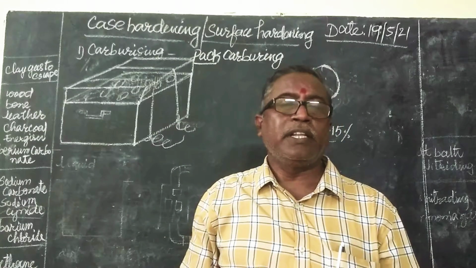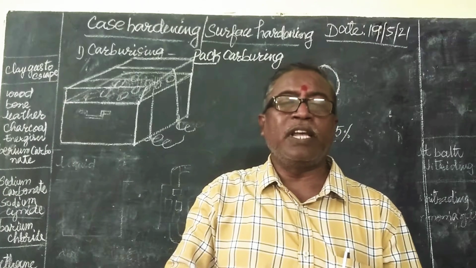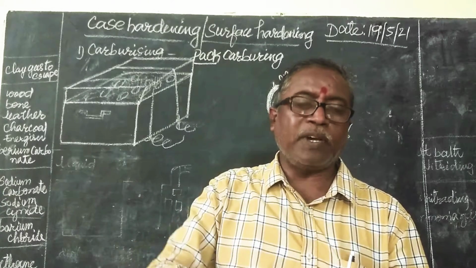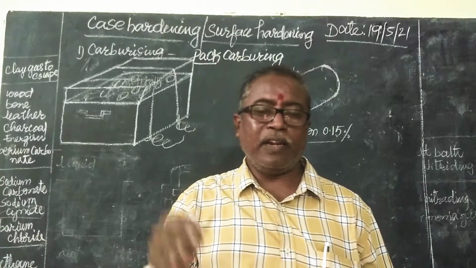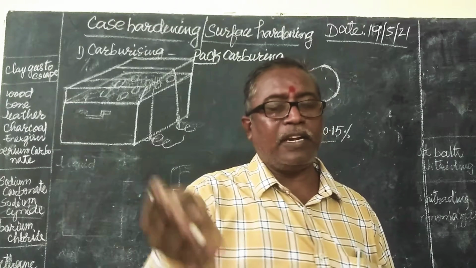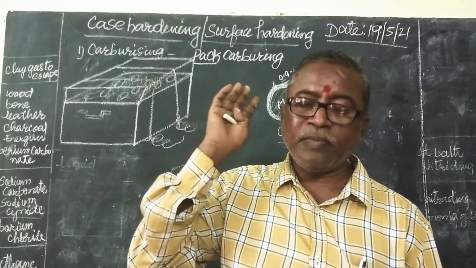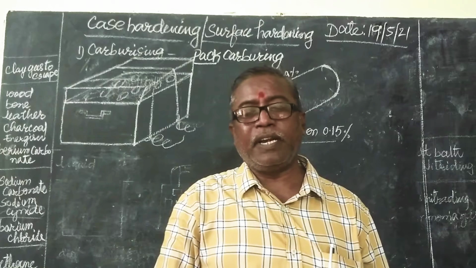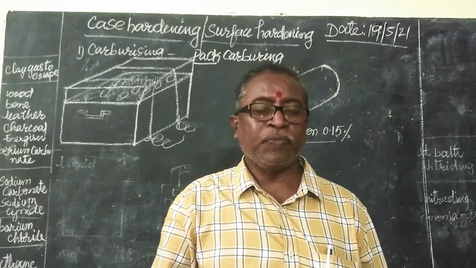Then put the clay over the top of the box, put the top cover over that, tie with wire and put it in the furnace and heat the material up to 870 degrees centigrade, with soaking time of maybe 12 hours at least.